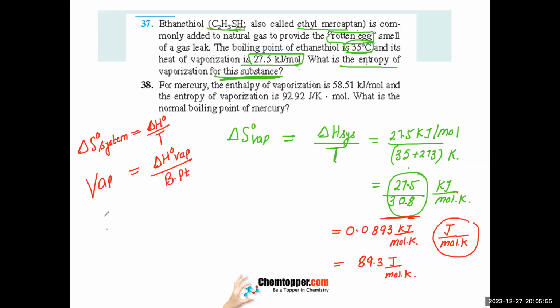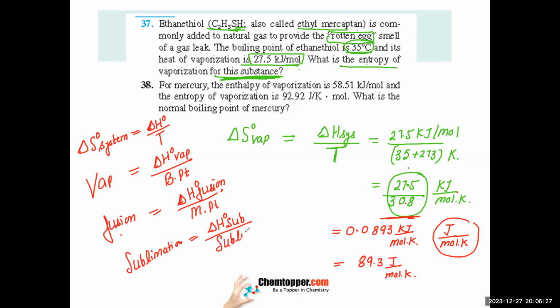If you talk about fusion, meaning melting, then it will be delta H naught fusion over the melting point. Fusion means melting. If it is sublimation, these are phase changes. The phases are changing, solid, liquid, gas. Then it will be delta H naught sublimation over sublimation point.